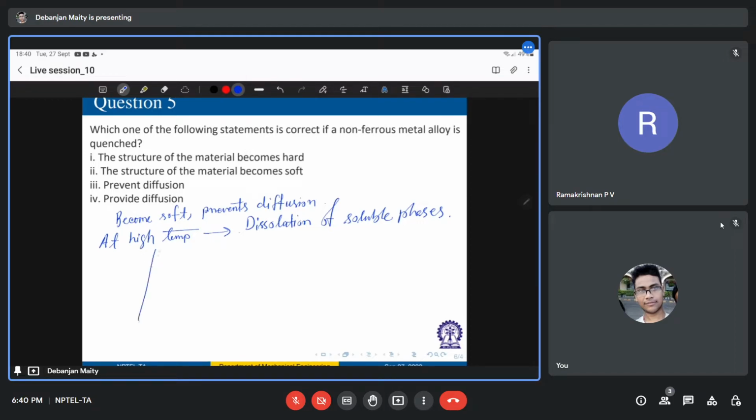So you are heating and then quenching, and you are retaining that solid solution property. The compounds are retained in solution, and the material retains the properties of the solution.